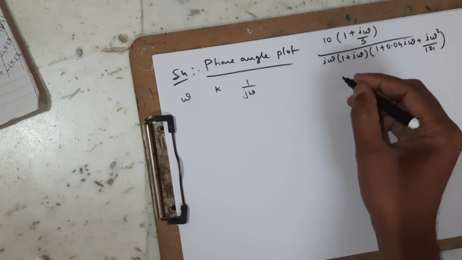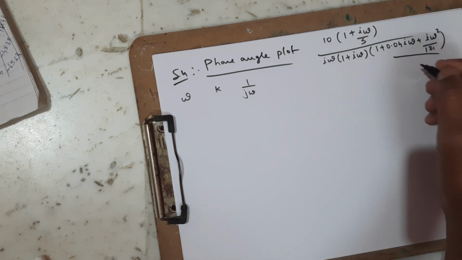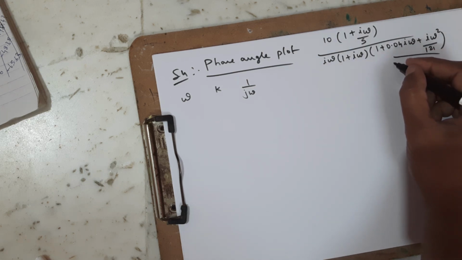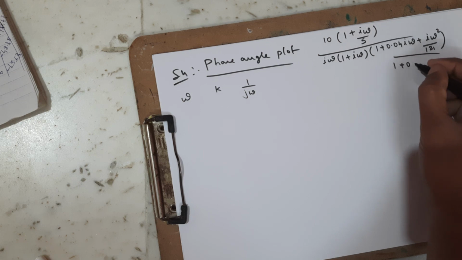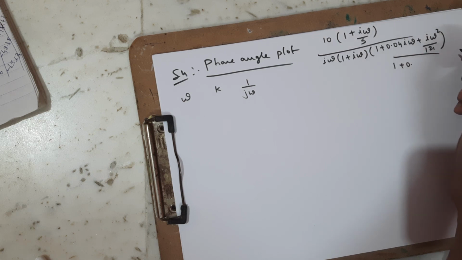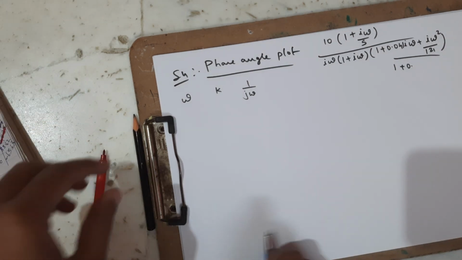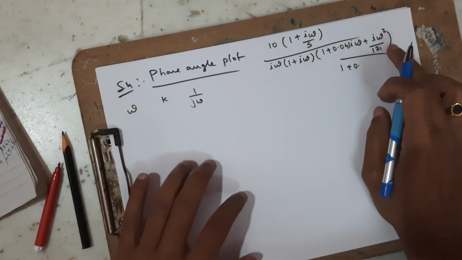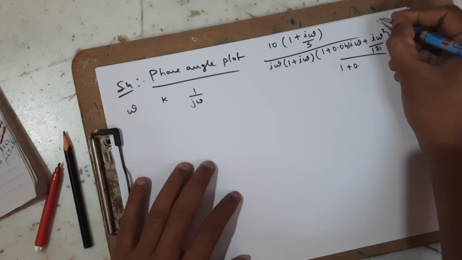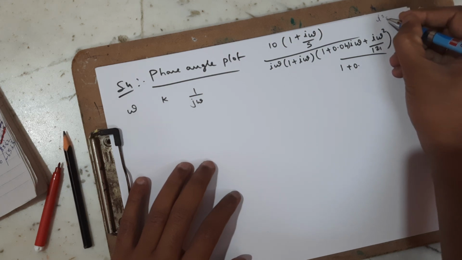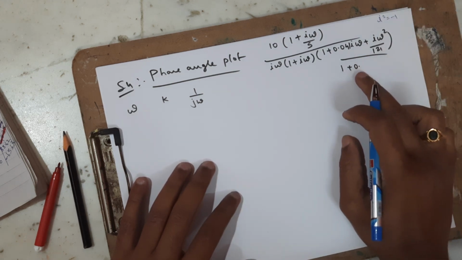See, after simplification, this term can be simplified. We know that j square is equal to minus 1, so we are going to apply this.